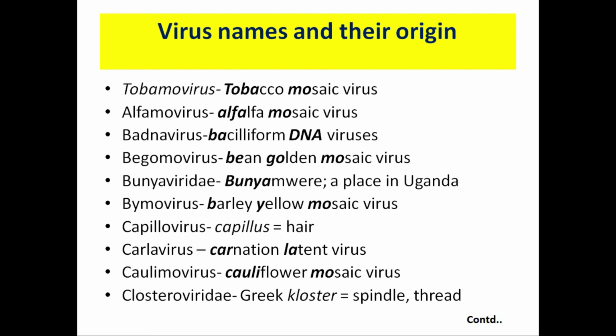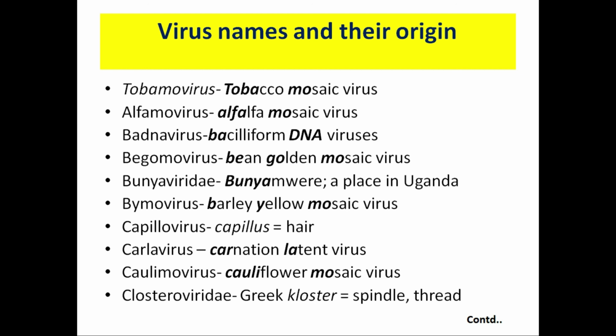These genus and species names are not binomial names. So virus genus name and species name do not follow the Latin binomial system. So we have a different system of naming genus and species in case of viruses. So Tobamovirus is a genus. Under this, tobacco mosaic virus is a species.